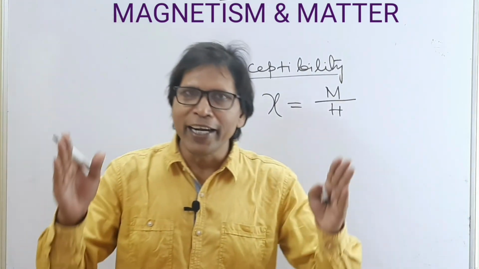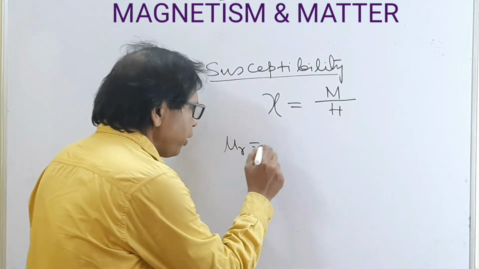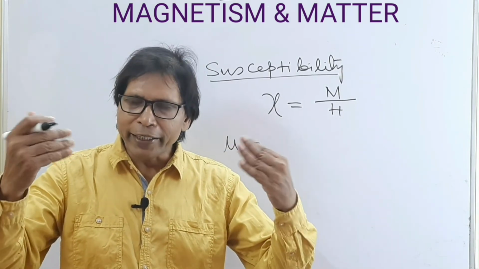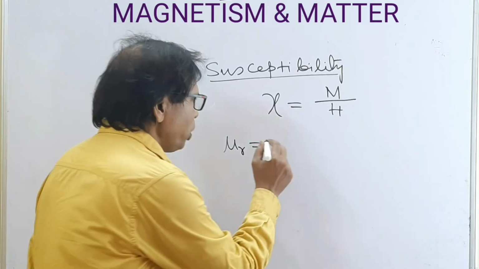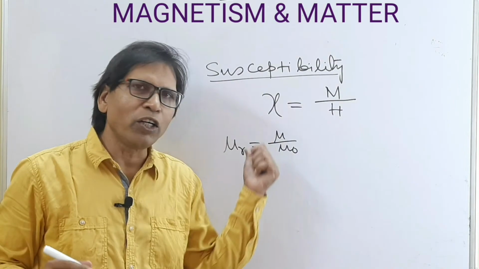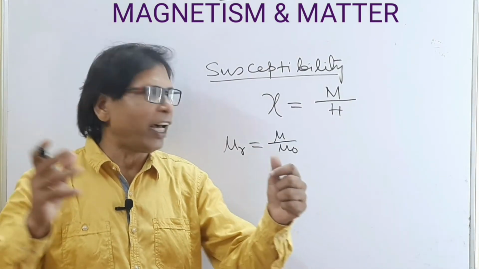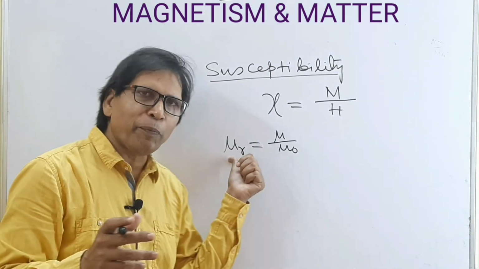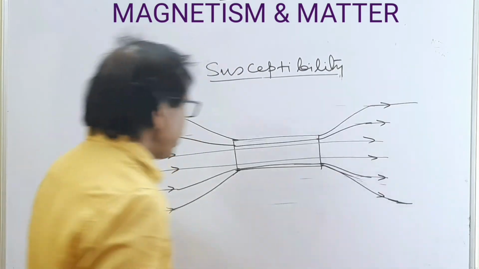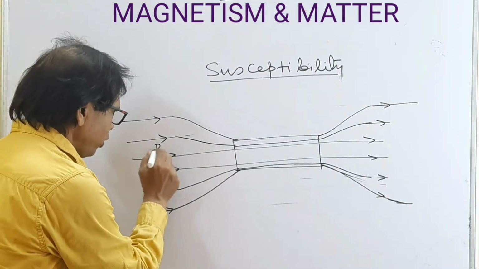Okay. Now relative permeability. The relative permeability mu r is equal to the permeability in the medium divided by the permeability in free space. So mu r equals mu by mu naught. Okay. So it is also a dimensionless quantity. Now we have to express the relation between relative permeability and susceptibility. Okay. Suppose the magnetic field in free space is B naught.